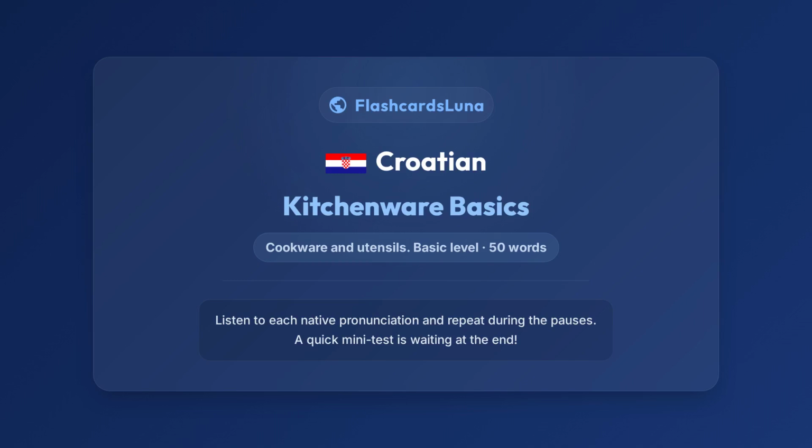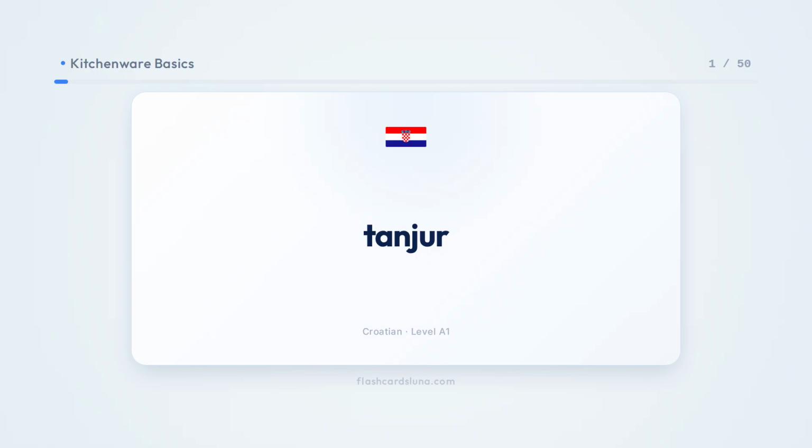Let's learn Croatian. Today's topic, kitchenware basics. Tanjur. A plate. Zdjela. A bowl. Šalica.